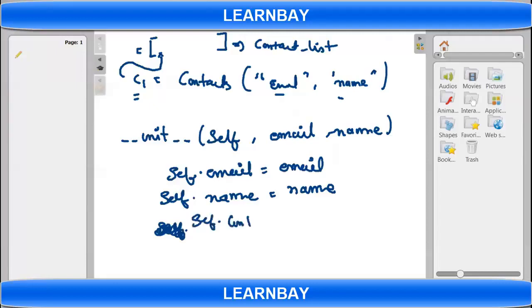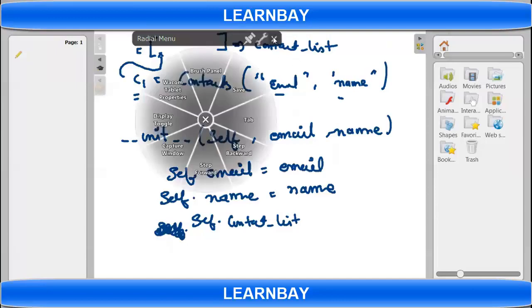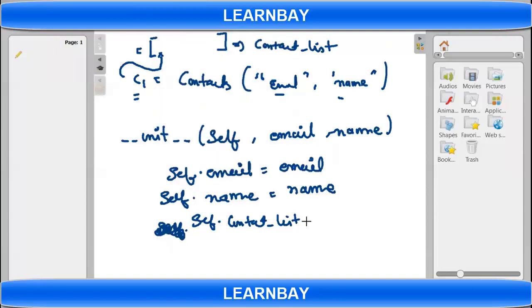Just check whether it is working. If you print this contact list, are you getting self dot contact list dot append with self? But C1 is not yet created, right?